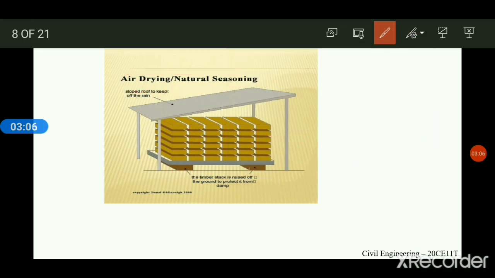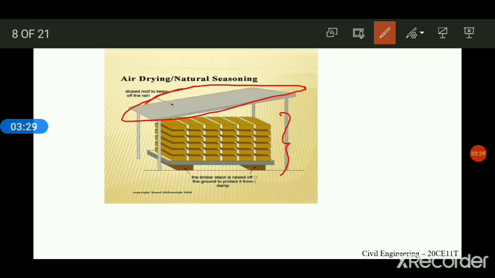The wood log is cut into convenient sizes and kept under a covered shed in crosswise direction in alternate layers. You can see the exact figure in the notes. This is so as to permit free circulation of air.